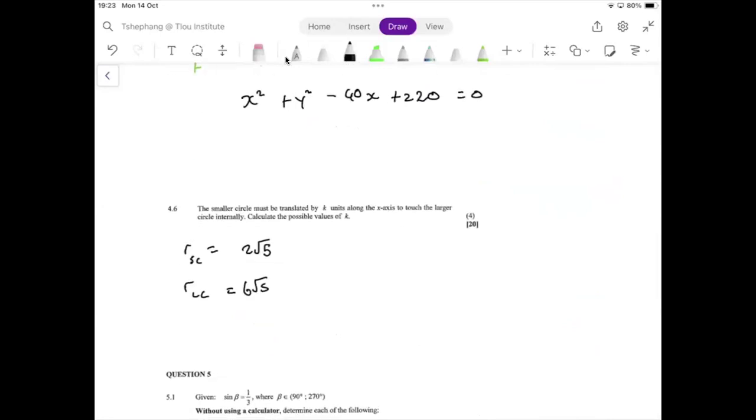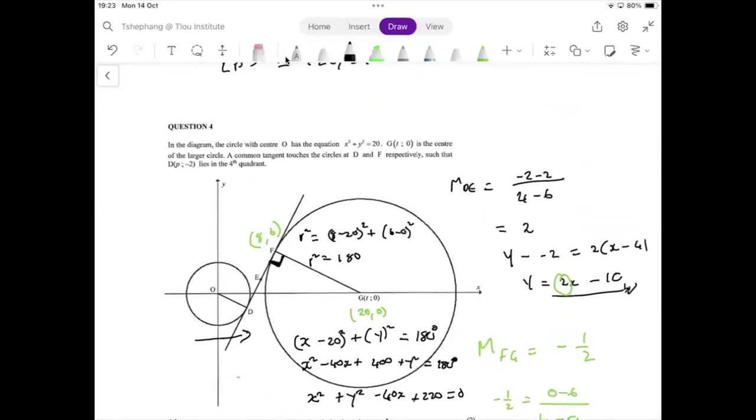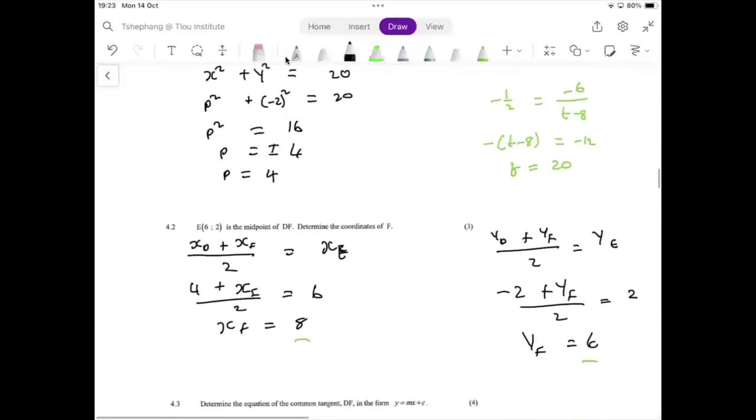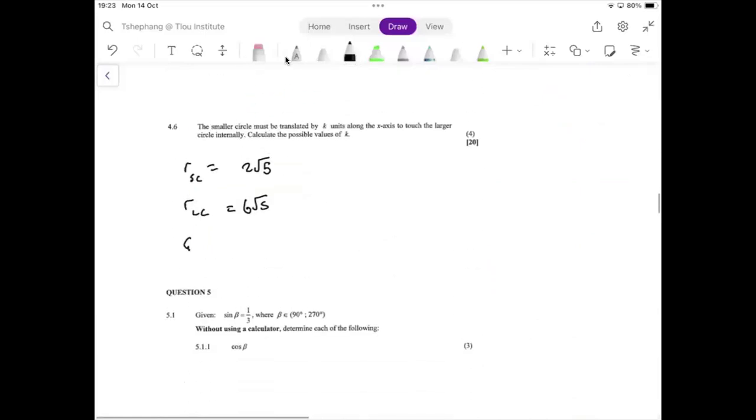Okay, now once we have those, what I want us to look at is the point G now. So we know that the point G has coordinates 20 and 0. So if we say that G has coordinates 20 and 0, then we can say that K is equal to 20 minus what?